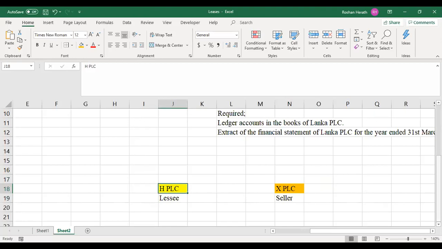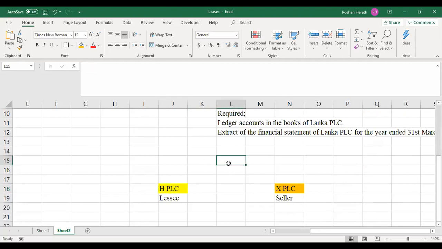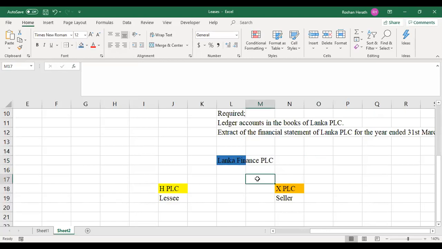In such a situation they go for an intermediate party. In this case it is Lanka Finance. So what HPLC would do is approach Lanka Finance and explain their requirement: we want to purchase a machine from XPLC, but we do not have enough money.